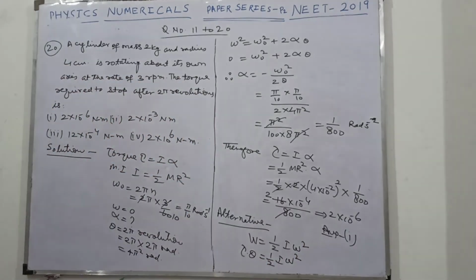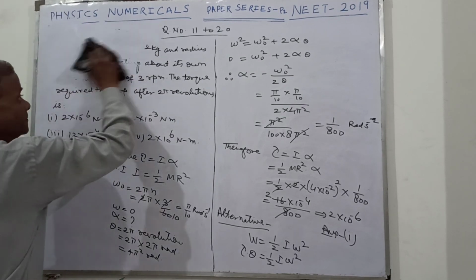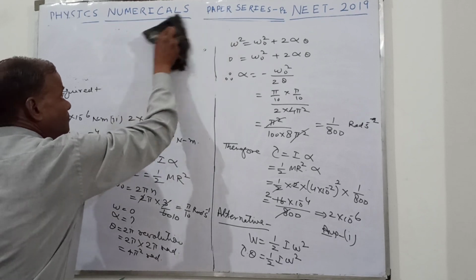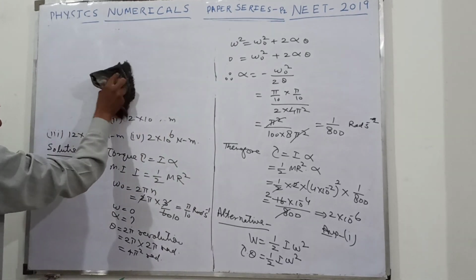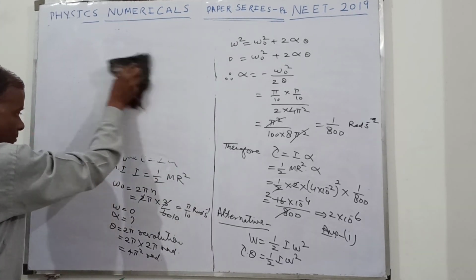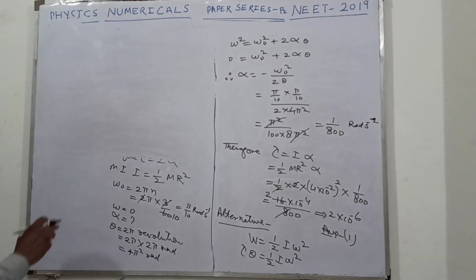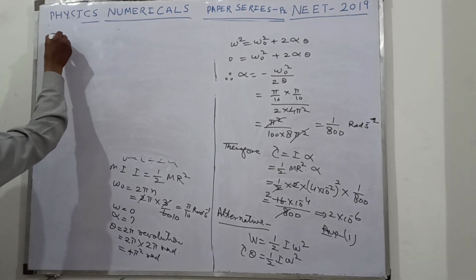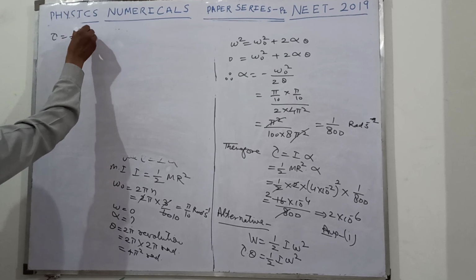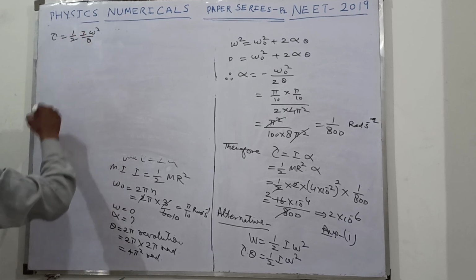So by this method you can also find the answer. This torque equal to half I omega square upon theta.